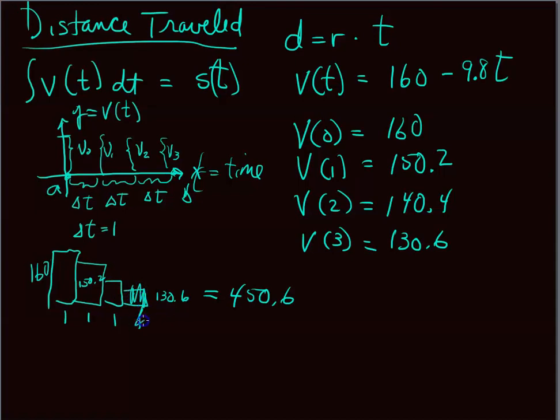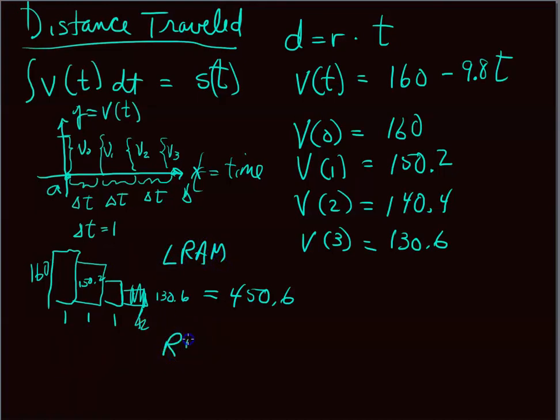So maybe I should just scroll that out, because it is from 0 to 1, and then 1 to 2, and 2 to 3. So V3 is the height over here, but it's going to be shorter than that 140.4. If you add the 160, 150.2, and 140.4, that's where we get the 450.6. This is the LRAM.